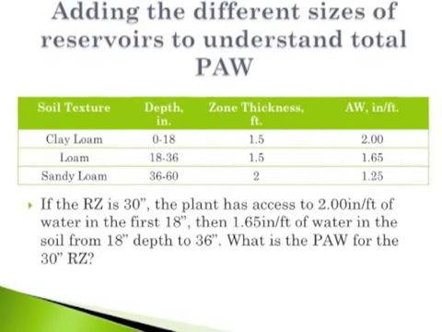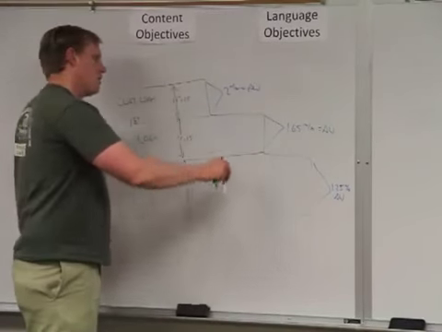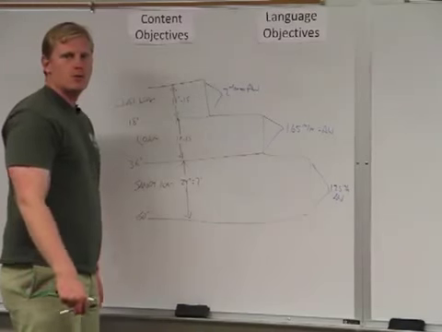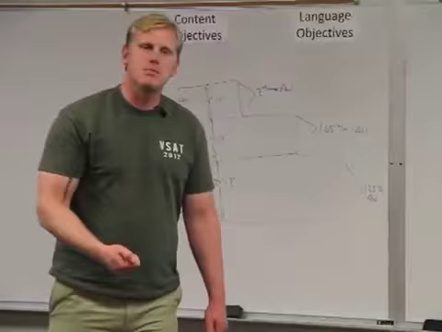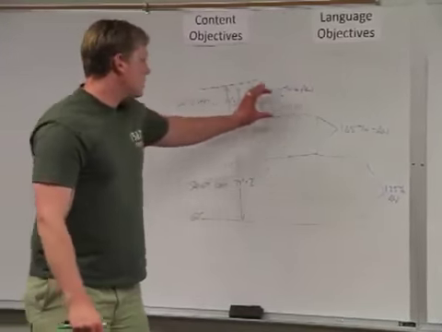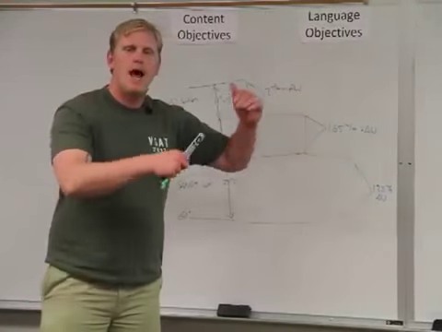So we need to calculate based on the different availability of water in a different root zone. If we want to understand how much water is available to a crop as a whole, we've got to take all this information into account. All right, but it's actually very simple. We just need to look at each layer of soil independently, calculate independently, and then add together.